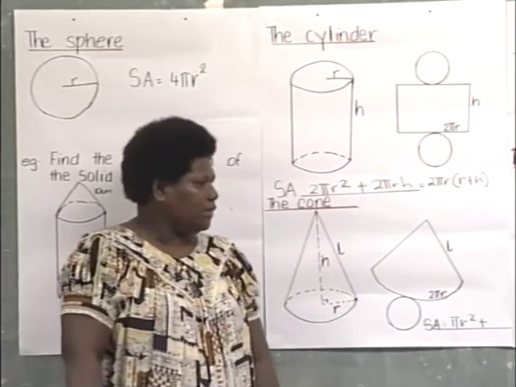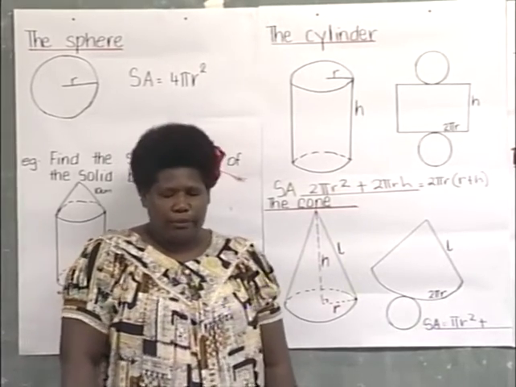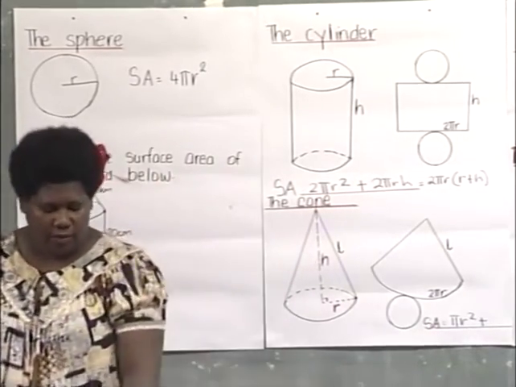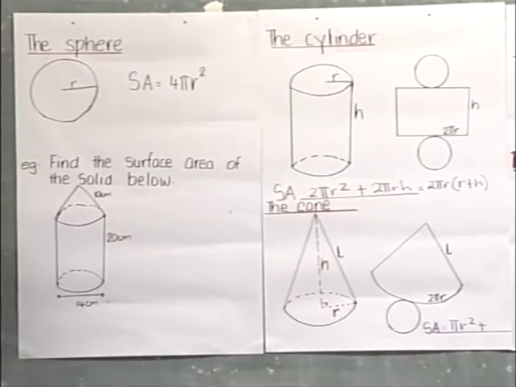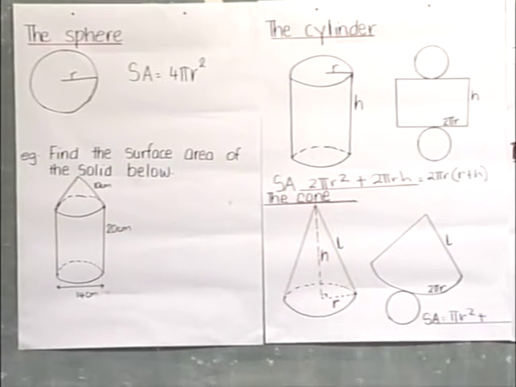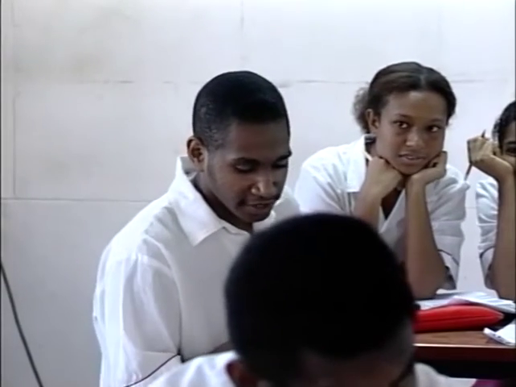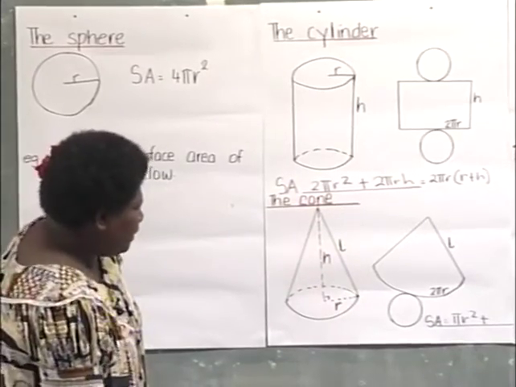A sector of a circle. Okay, how do you find the area of a sector of a circle, Siegfried, from our previous lessons? Pi r squared times given angle over 360. Okay, pi r squared times the given angle over 360.